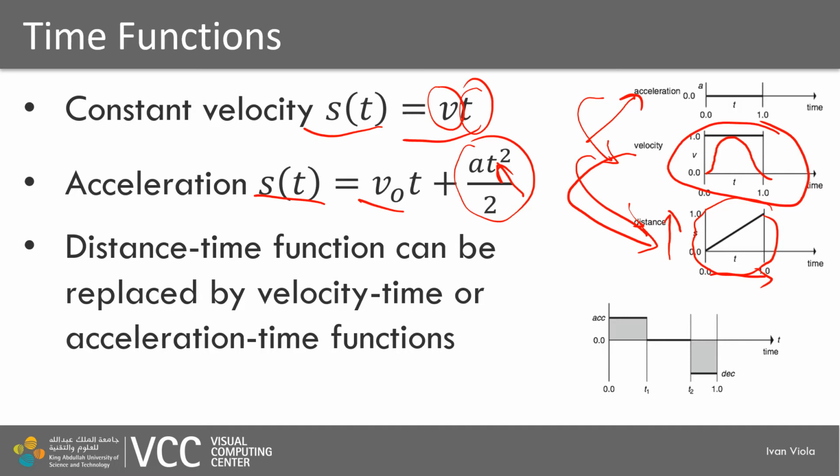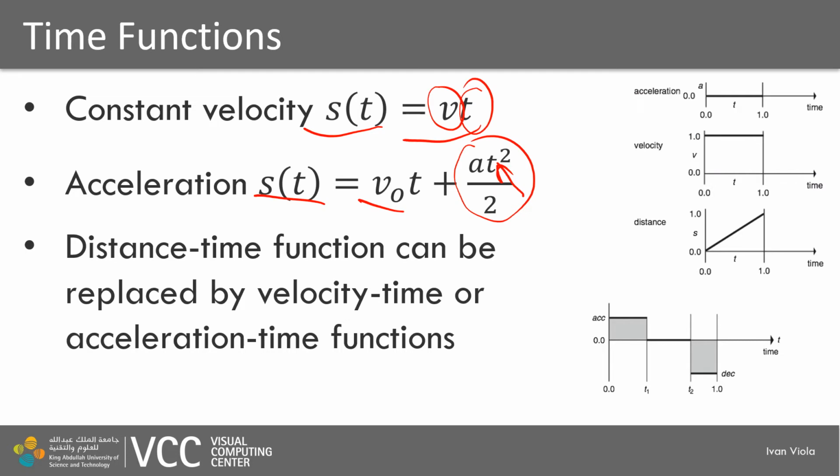I will just remove these scribbles here so that this will be cleaner and easier to explain. If we have acceleration in place, then we are looking at an acceleration curve. For example, it can be described like this.